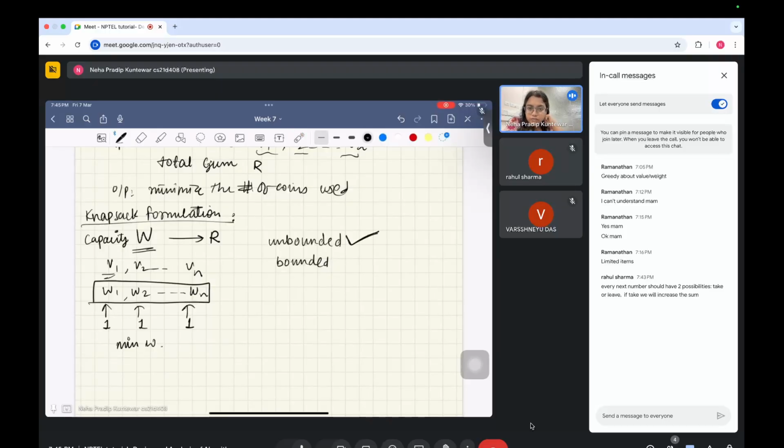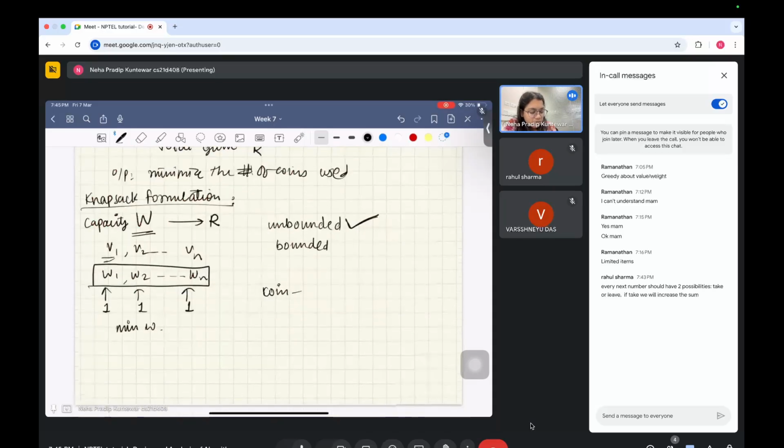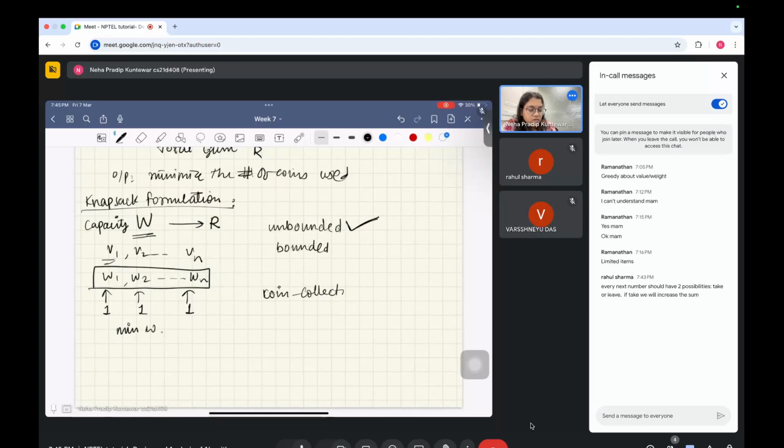So this is also something that we identified. Therefore, what you have now is an instance of a coin collection problem, and we have converted it to an instance of the unbounded knapsack problem. And whenever we say knapsack, we mean integral knapsack. If I want to say fractional, then we will specify that it's the fractional knapsack problem. Okay.